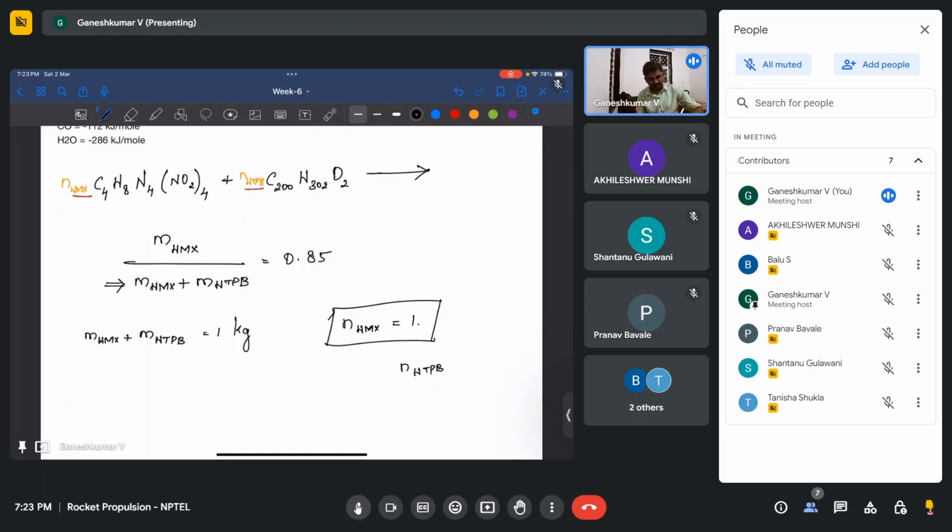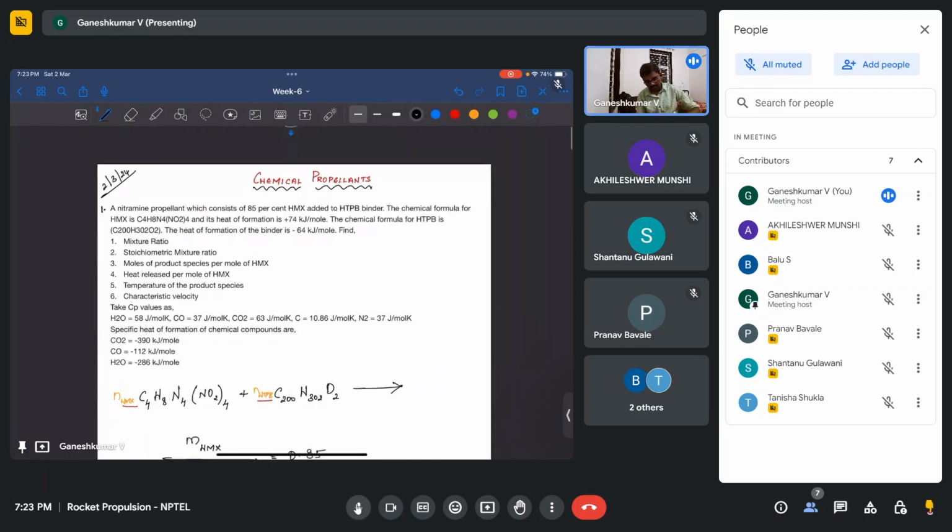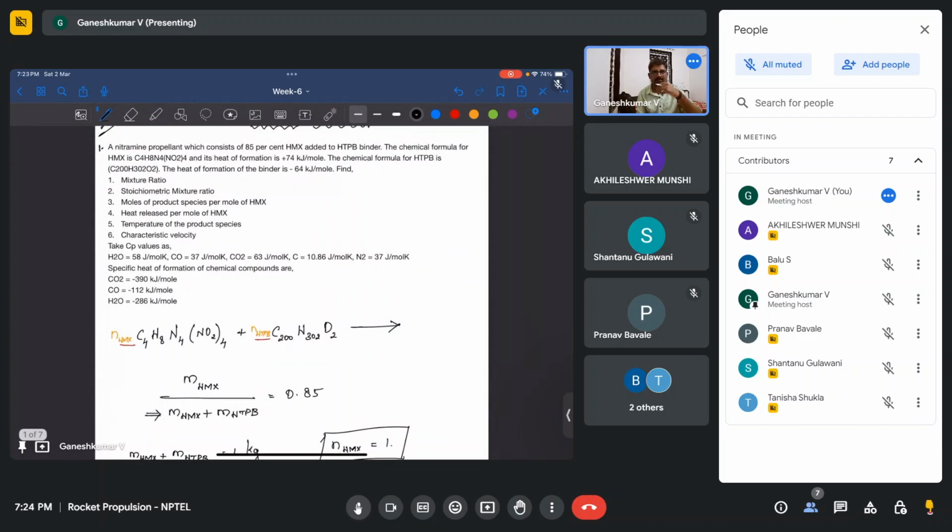They gave the composition only as a percentage, so we don't know the total amount of propellant present. With only the fraction we cannot arrive at the exact number of moles, so we need to assume a per mole basis or per mass basis.